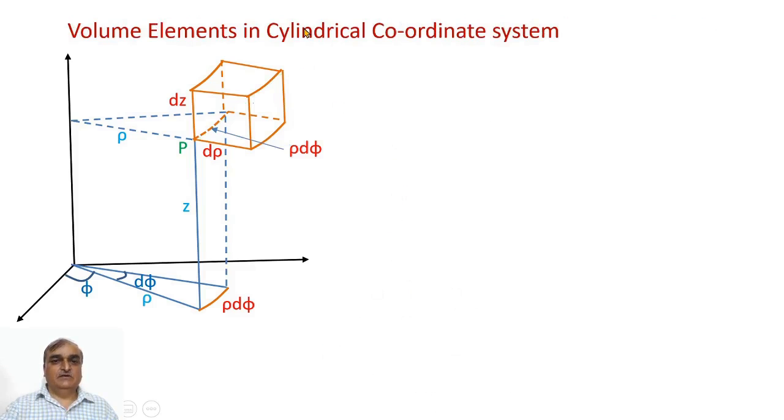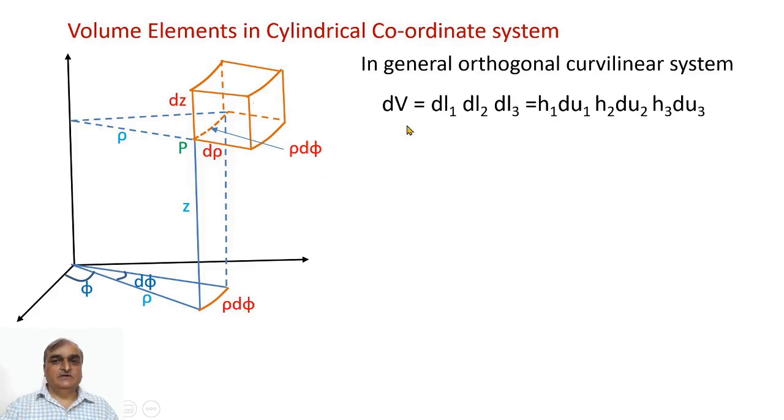Then the volume element. The three lengths are dl1 equal to d rho, dl2 equal to rho d phi, and dl3 equal to dz. Then dv is equal to dl1 into dl2 into dl3, equal to h1 du1, h2 du2, h3 du3.